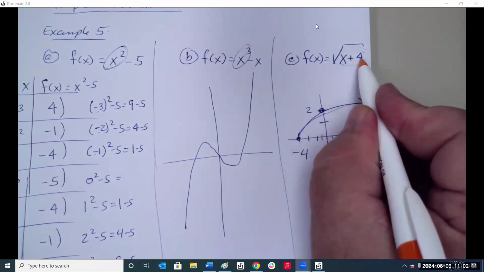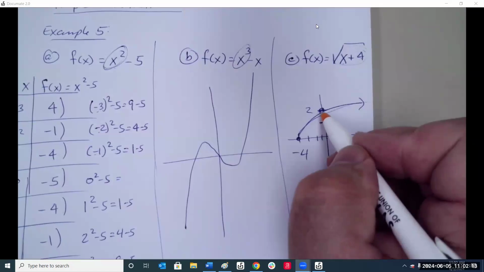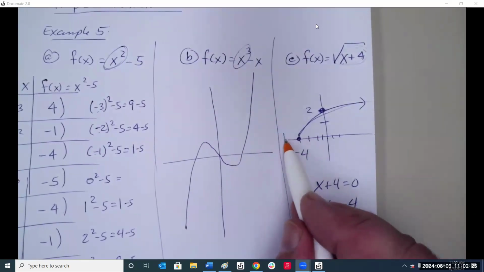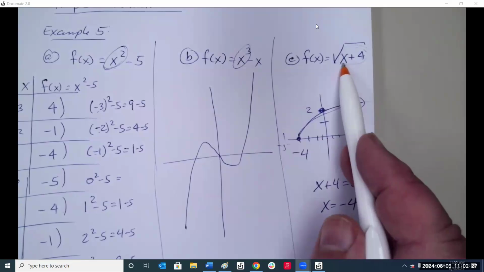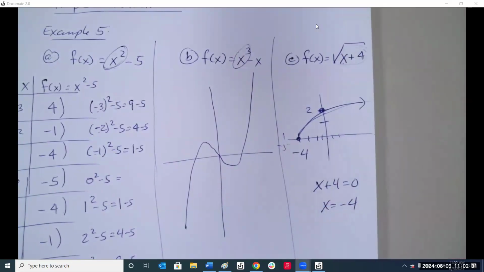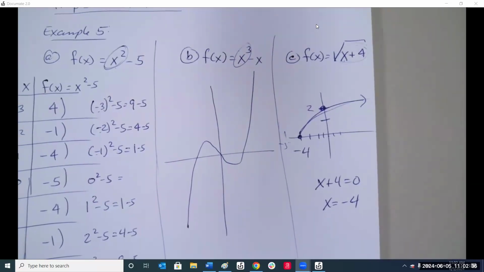X, 0 plus 4 is 4, square root of 4 is 2. So plugging in points is very time consuming. You just have to plug in lots of points, but knowing which points: I cannot use -5 because you cannot have negative numbers inside here.